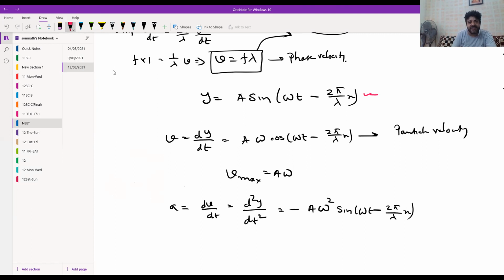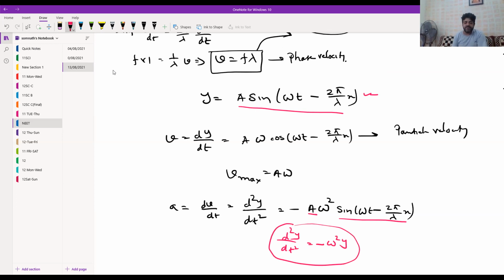Once I differentiate this, this value is exactly the same, yes or no? So I can write d square y by dt square equals minus omega square y. So yes, simple harmonic motion. And this one is called the particle acceleration.